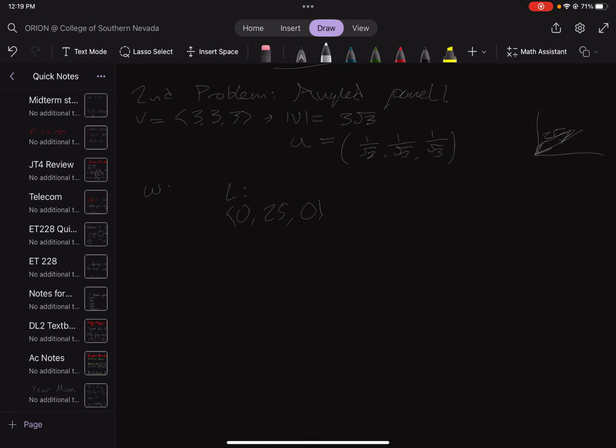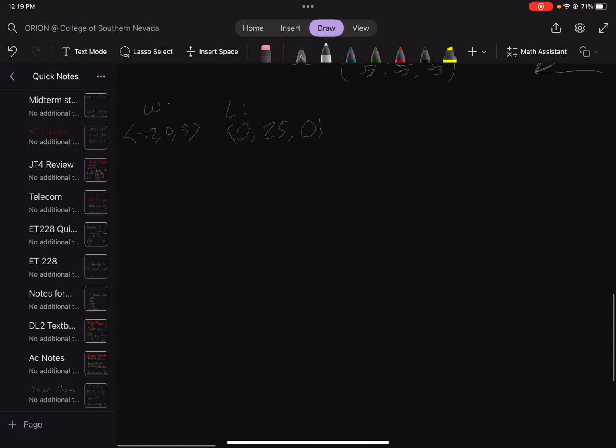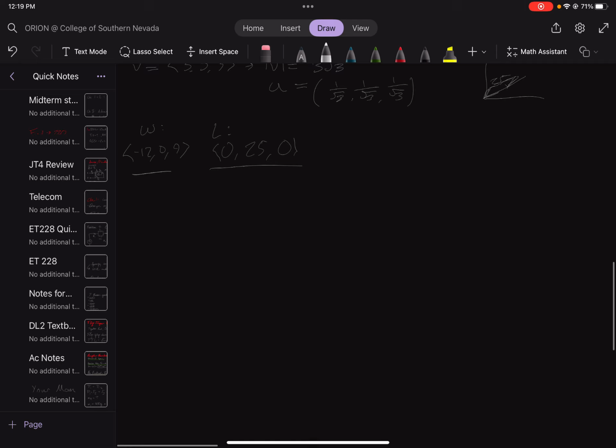So we have that vector, and then we have the other vector, which is the subtraction of the other points. So that one becomes negative 12, 0, 9. So now we have those two, the width and the length vectors, right? Now we can go right ahead and create the value n.